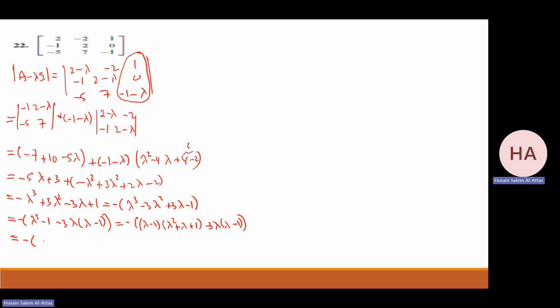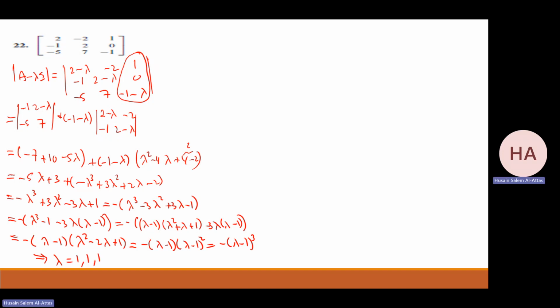That will be minus. Can take lambda minus 1 common factor. I have lambda square minus 2 lambda plus 1. That will be minus lambda minus 1, lambda minus 1 square. Okay, simply lambda equals 1. So the eigenvalues, lambda 1, 1, 1, repeated 3 times.